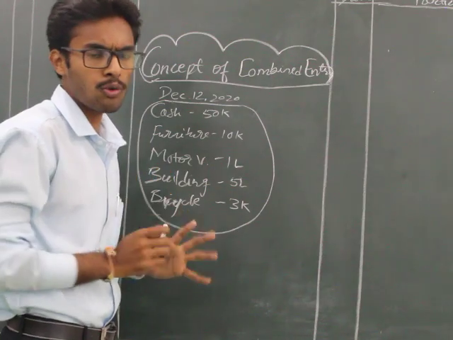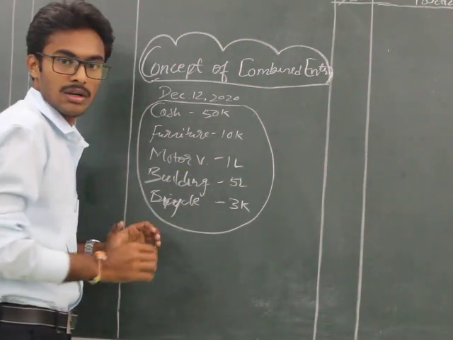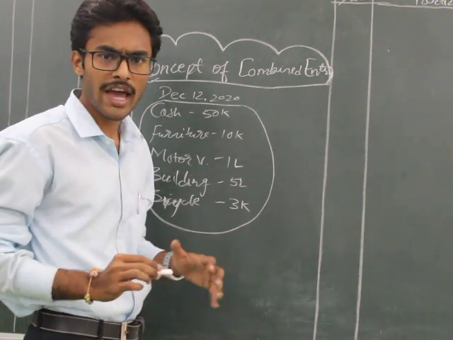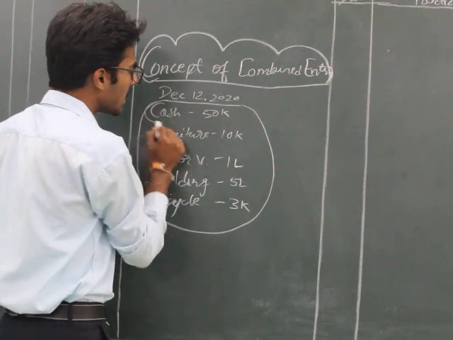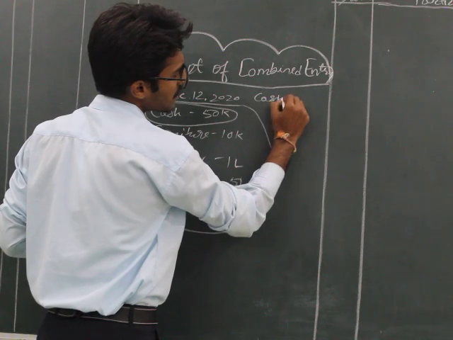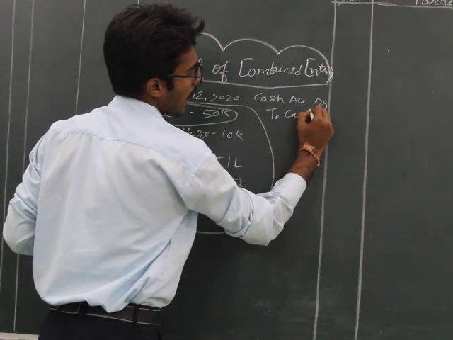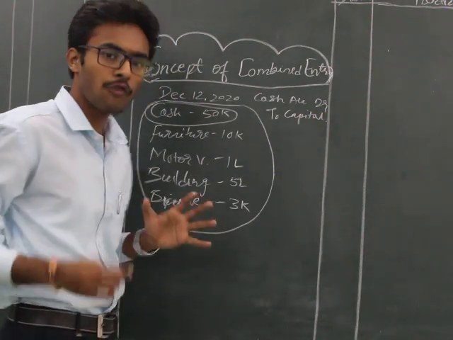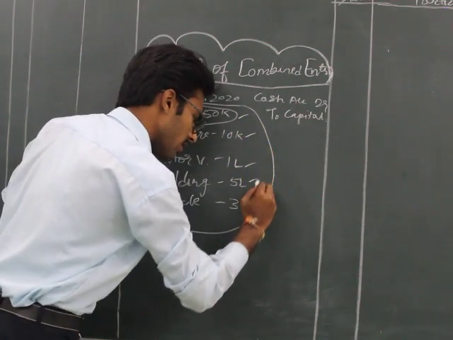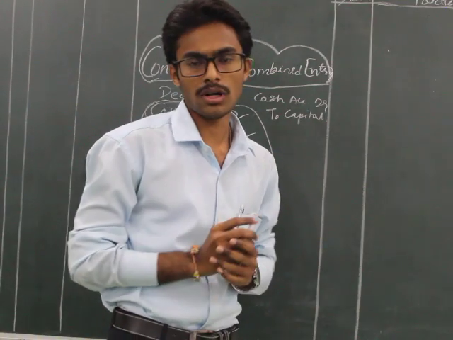So how can we make an entry which combines all these transactions? In previous lectures we have seen, if somebody has introduced cash, we make the entry: cash account debit to capital account. But what if on the same date all these things have also been brought by the business owner?